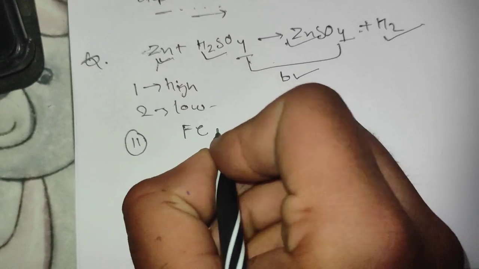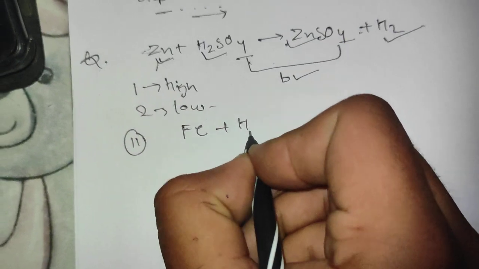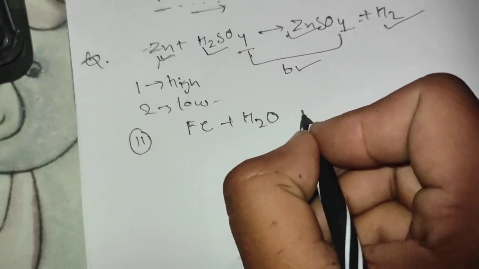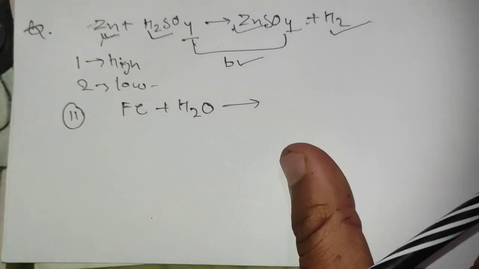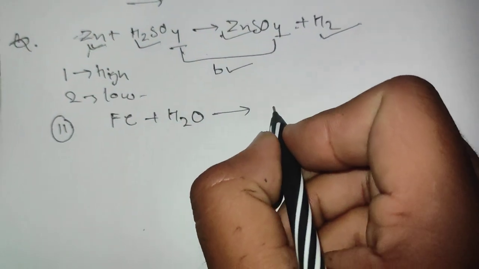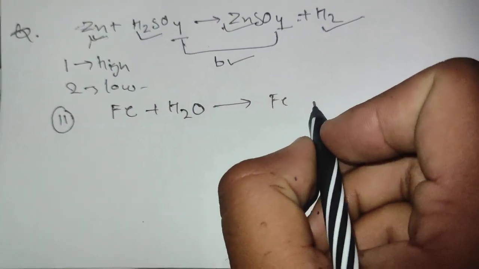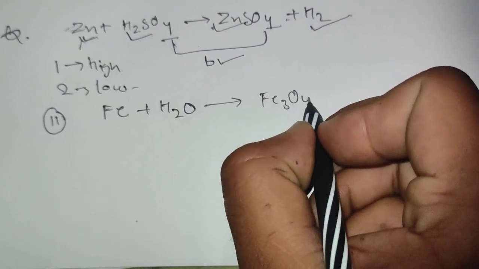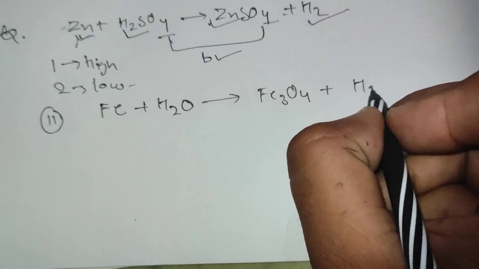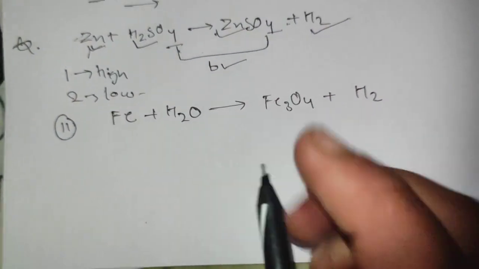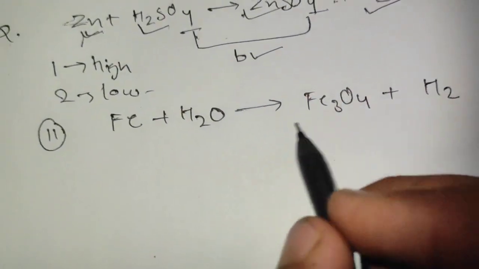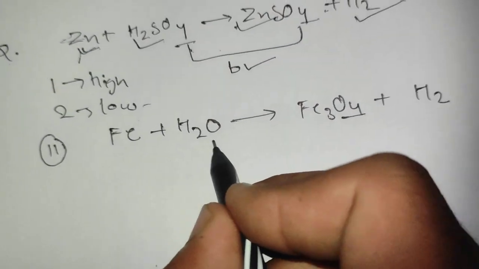So when iron is added to water, what do we see? The rust. We get Fe3O4 and hydrogen. Now for the lower then upper. Highest part is oxygen.